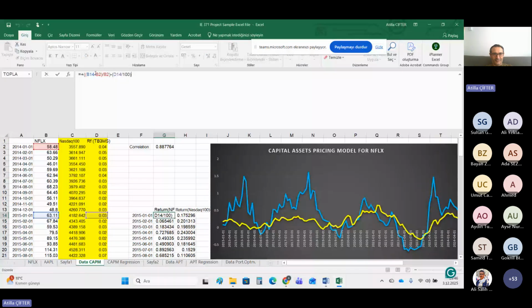Excel already calculates the excess return with a formula. So we don't need to create or define any formula, because when you use this Excel template, it already calculates the formulas.